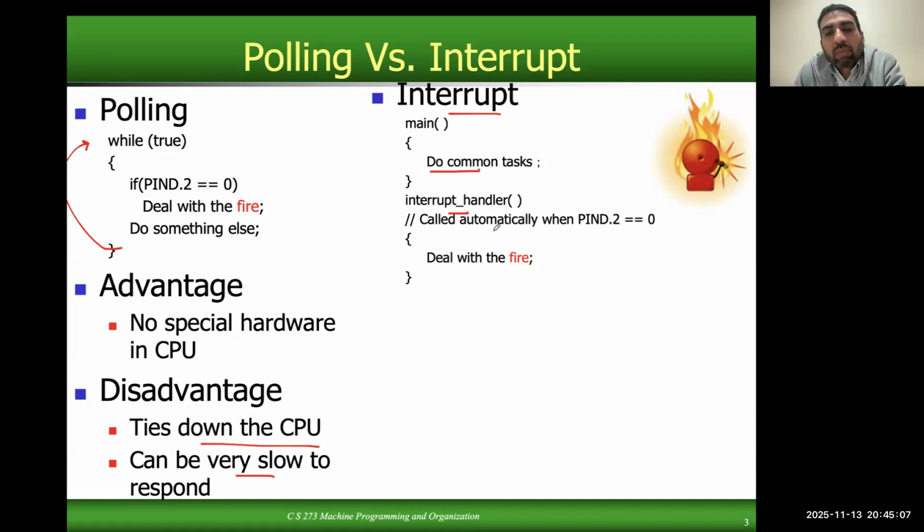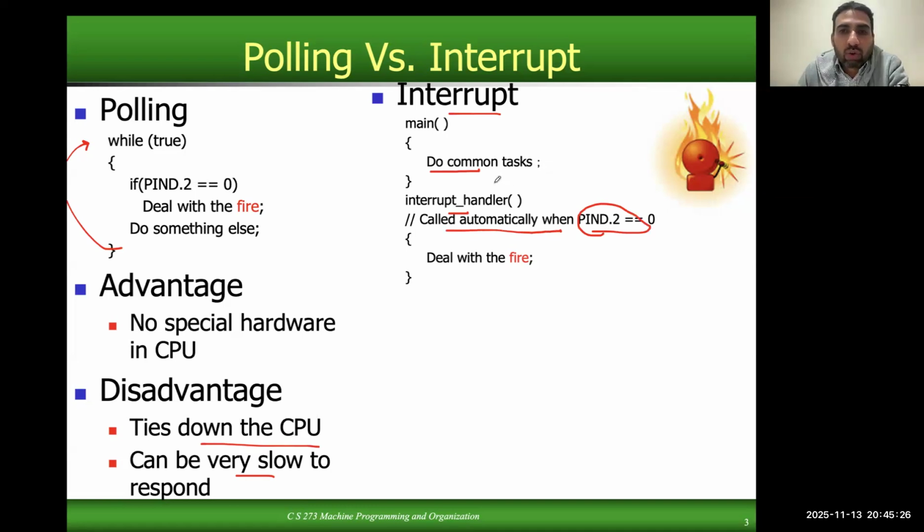This interrupt handler will be called automatically by your hardware, or by the microcontroller, whenever it detects the signal. So you don't need to continuously poll the pin D.2 to find out if fire is detected and then run the code.